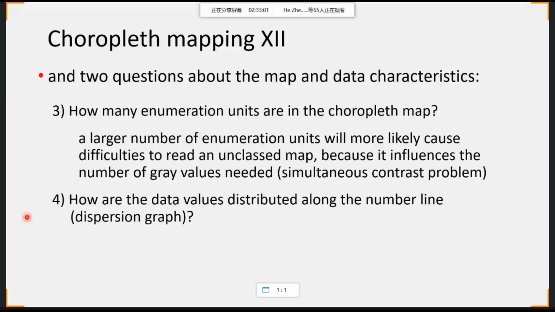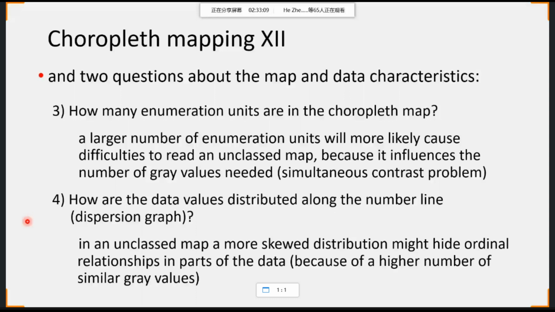And the fourth question, how are the data values distributed along the number line? The dispersion graph, we had that in the chapter about the classification methods. In an unclassed map, a more skewed distribution might hide ordinal relationships in parts of the data because of a higher number of similar gray values.